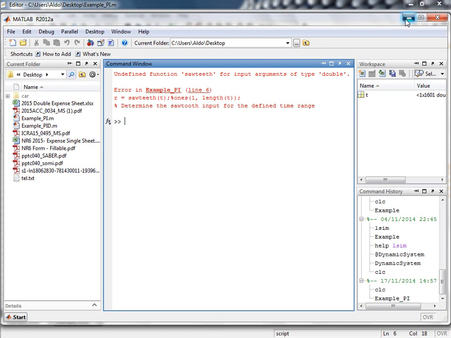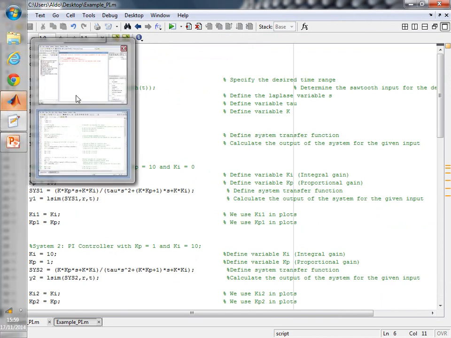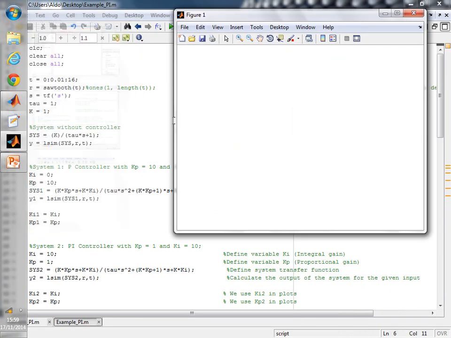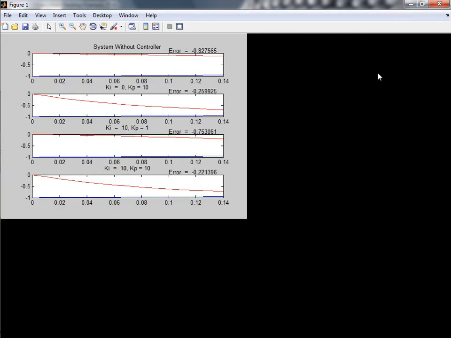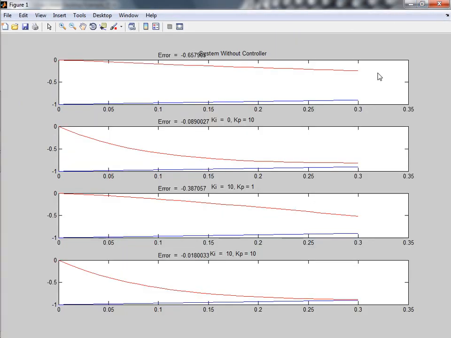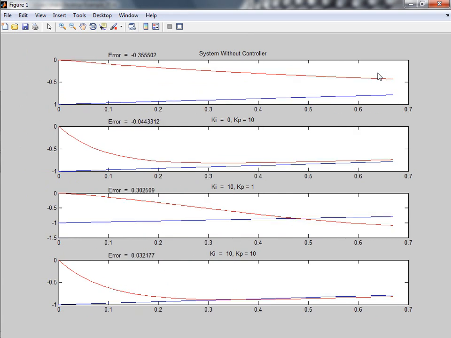Just sawtooth. Okay. Look, this is another example. If I have a kind of the ramp input.